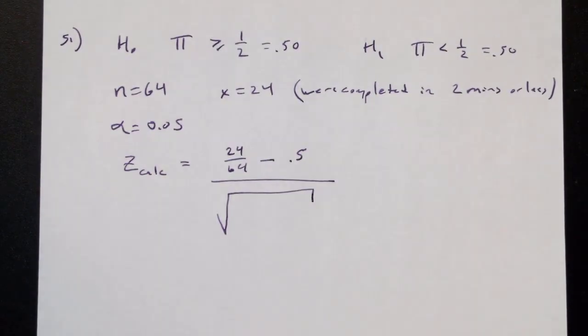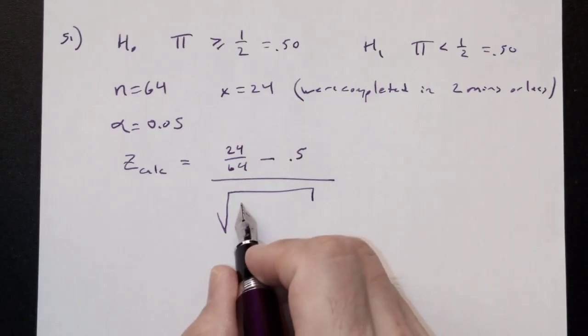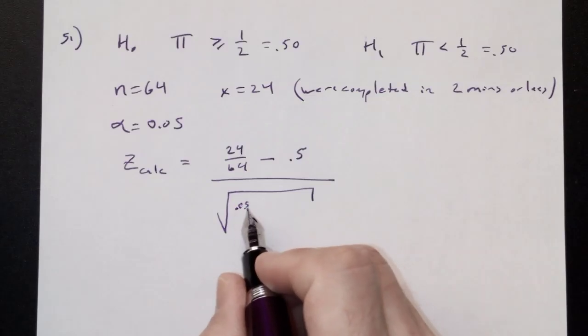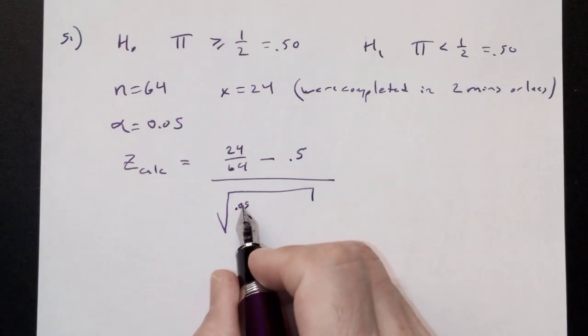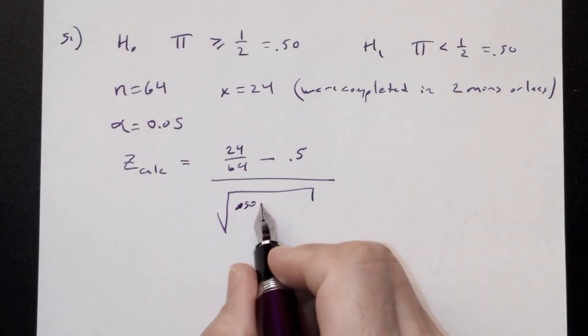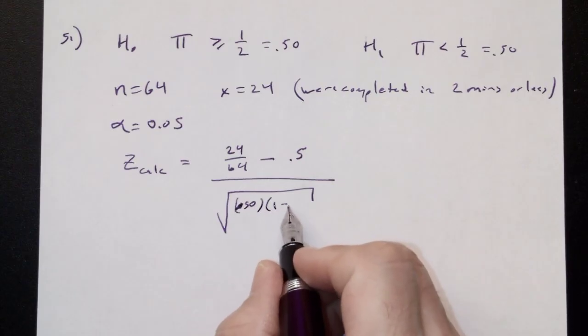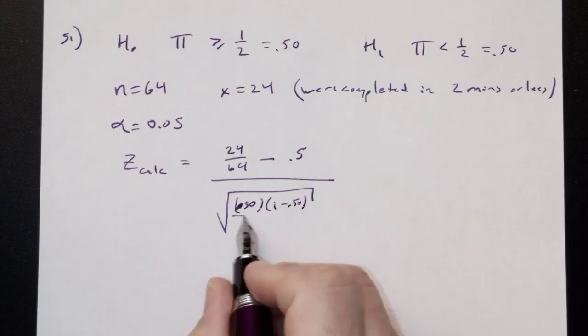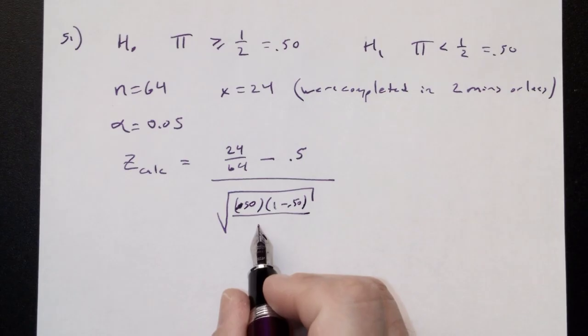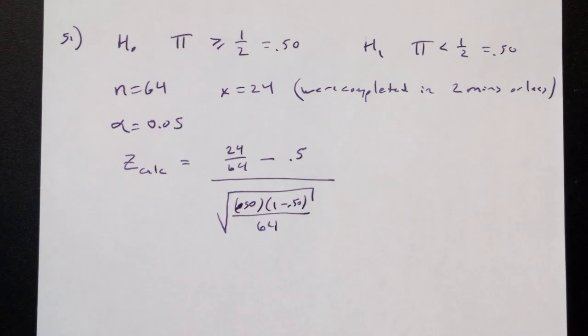Standard error, for a proportion, that's benchmark 0.50, and then 1 minus the benchmark over n, all under a square root.